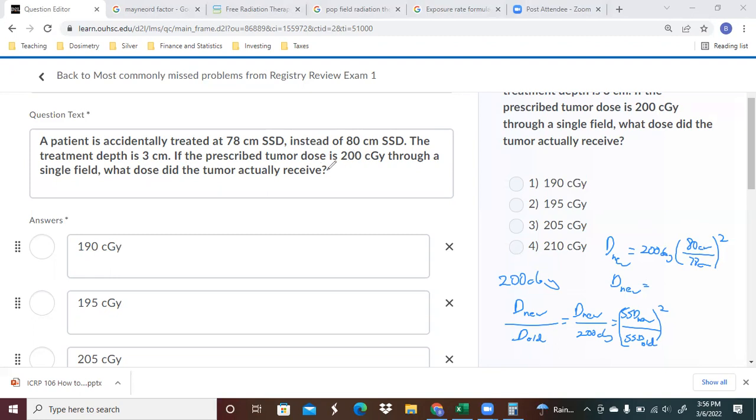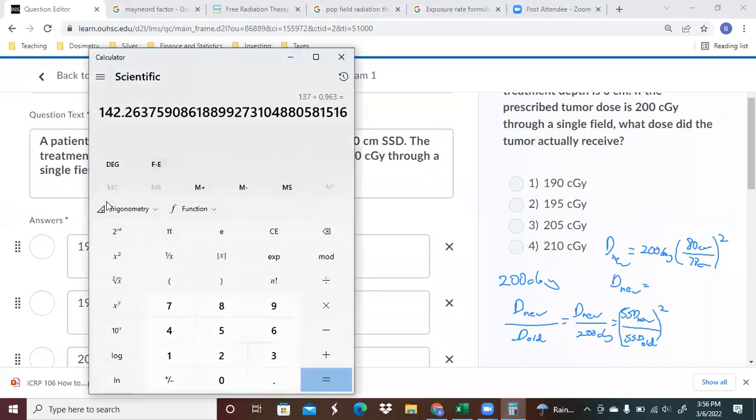So this dose is actually going to go up. That's part of the inverse square law. All that said, if I take the calculator out, I've got 80 divided by 78, and that's squared, and multiply that by 200. So we end up with 210.